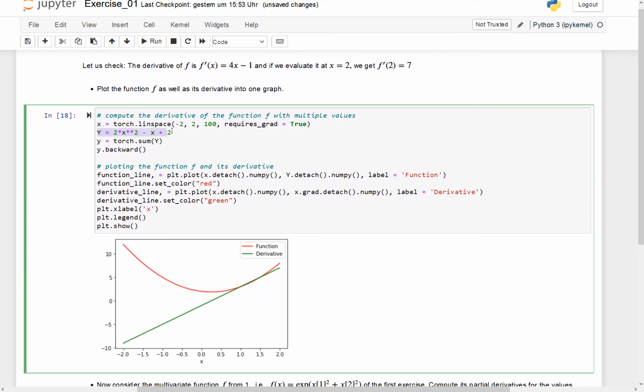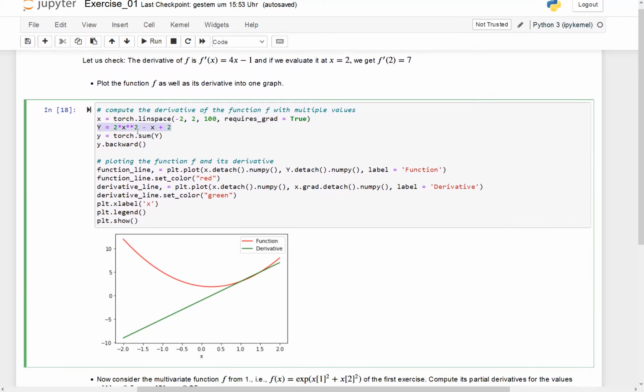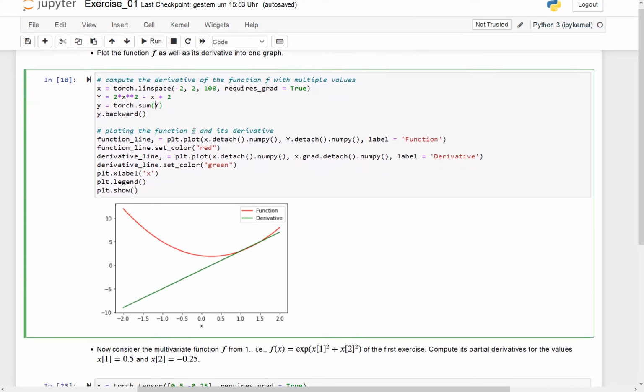We store it again into a torch expression, which we call y, as we will use this later for computing gradients. We also add the sum, do the backward operation to compute the derivative, and the nice thing is everything will be stored in the y, the values of the function y.